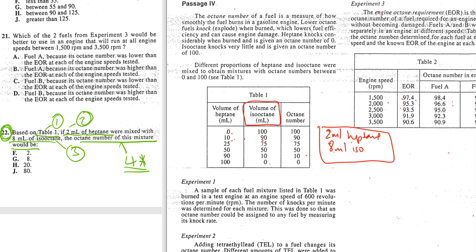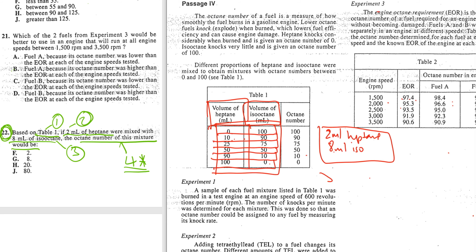And what they're expecting you to look at is all of these volumes. Why heptane's there is to get the volume to 100. 0 plus 100, 10 plus 90, 25 plus 75, 50 plus 50, 90 plus 10, 100 plus 0.